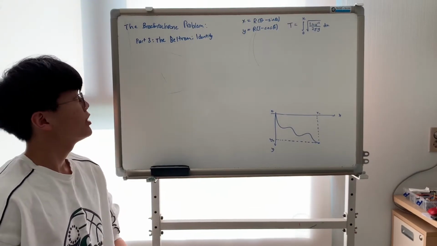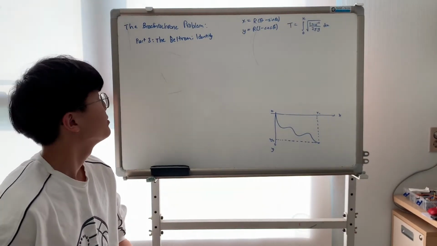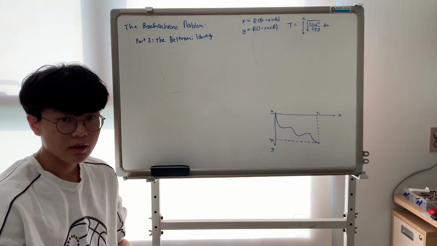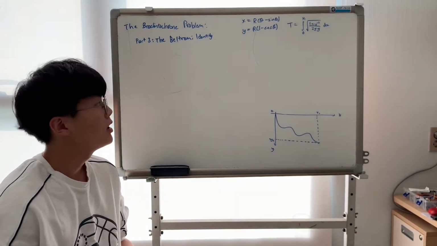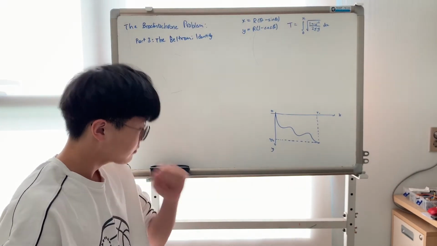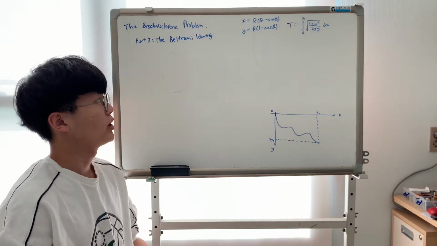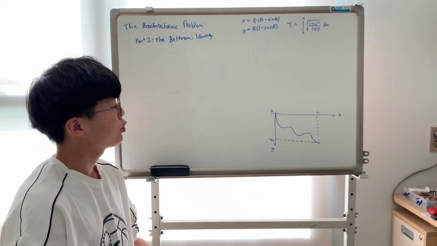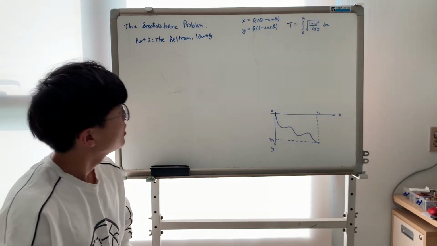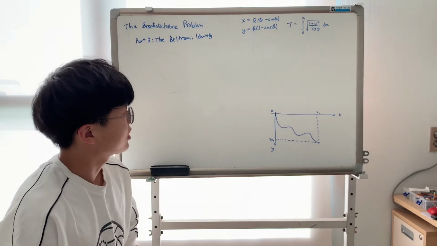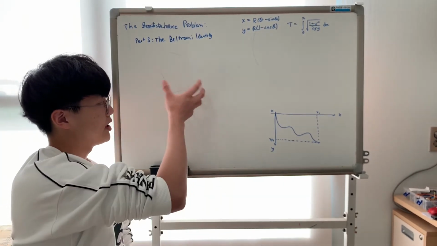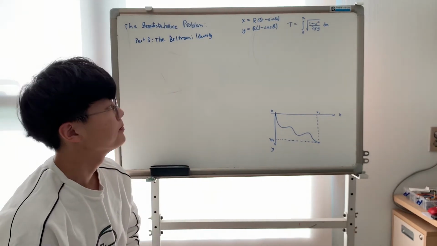Alright, so this is part 3 of the Brachistochrone problem, and it is the Beltrami identity part. So before we move on to the Beltrami identity, what did we do in part 1 and part 2? Well, so far, in part 1, we have defined the equation of a cycloid by giving both its x-coordinate and its y-coordinate in terms of given variables, the radius and the angle it deviates from the original circle.